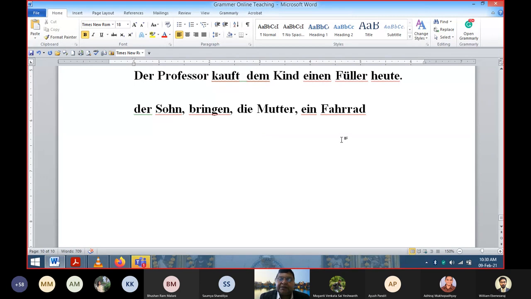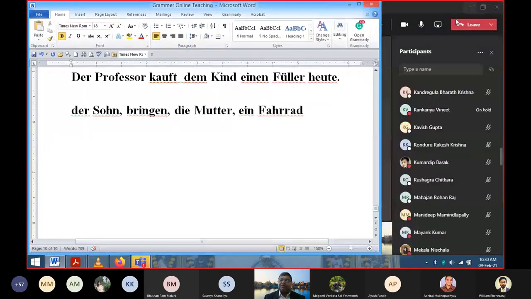Now quickly everybody should make the sentence by using these words. First you think which one you are going to make subject, which one should be direct object, and which one should be indirect object, and what will be the verb position, means verb conjugation. What form of the verb will be suitable. So everybody should try quickly. This time you all must be able to make the correct sentence.